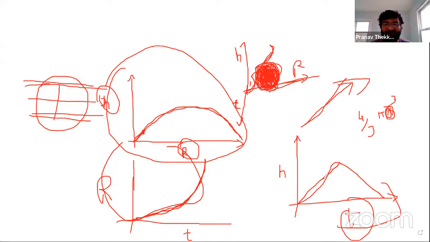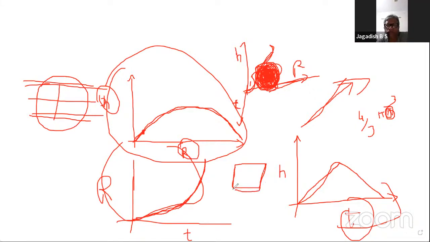It's just like, let's say I have a cube. If I look at the corners of the cube, it forms a square, right?